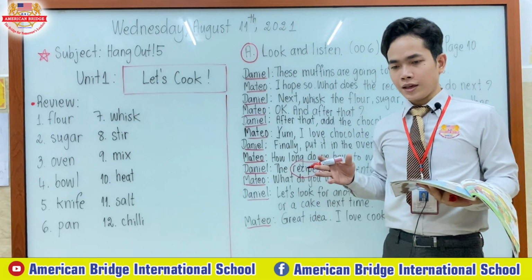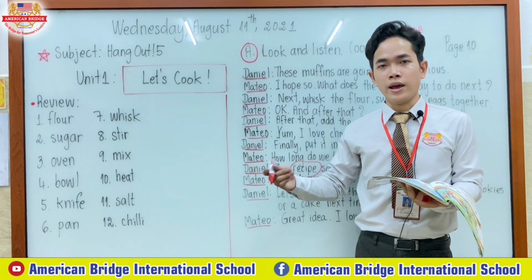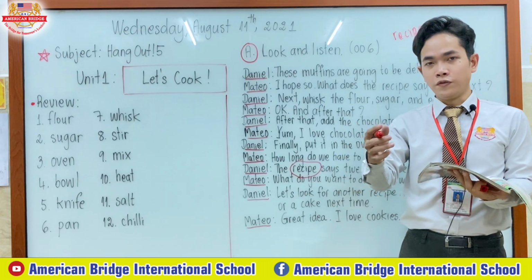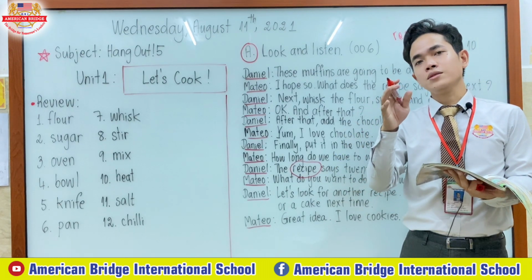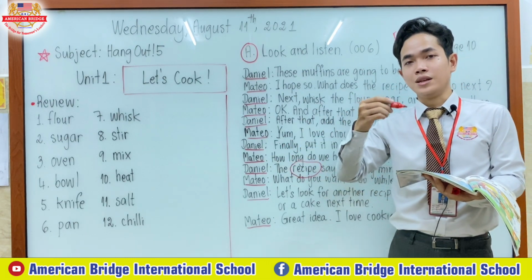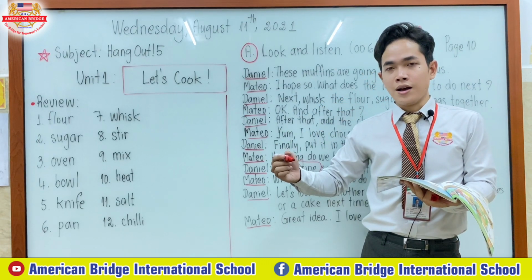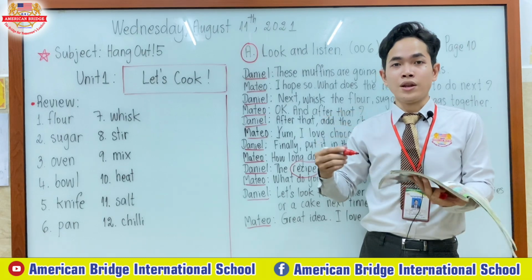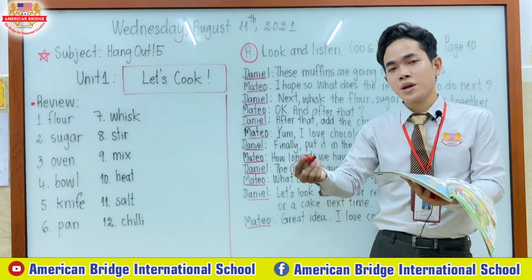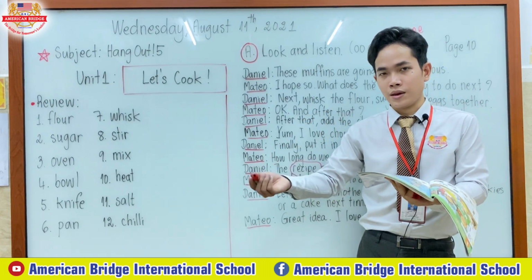For example, if you want to cook something, like in the conversation, they cook the muffin, you need to read all the instructions and all the information for the food that you are going to cook. This is what we call a recipe. A recipe will tell you how to cook something.